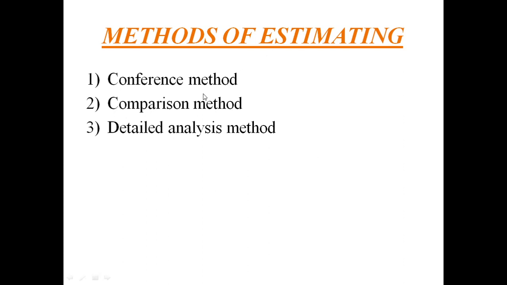First, let's see about conference method. In this conference method of estimating, representatives of purchasing, process engineering, tool design, and methods and time study confer and estimate the cost of material, labor, and tooling.